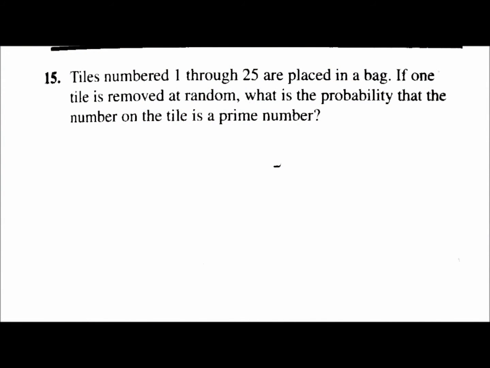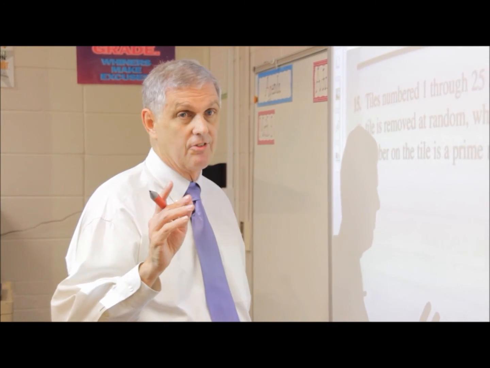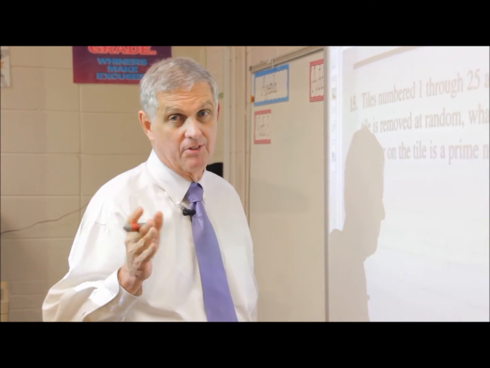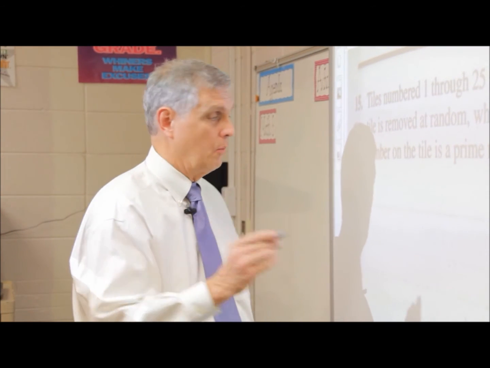So we need to know how many of those prime numbers are in the bag. We know we've got 25 total objects in that bag, but how many of them are prime numbers? So let's just start writing them down. The other part of the trap is that a lot of people, when they're putting down prime numbers, think 1 is a prime number, but it's not. You start with 2.